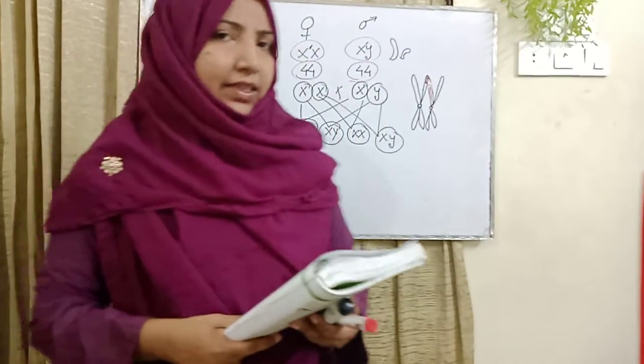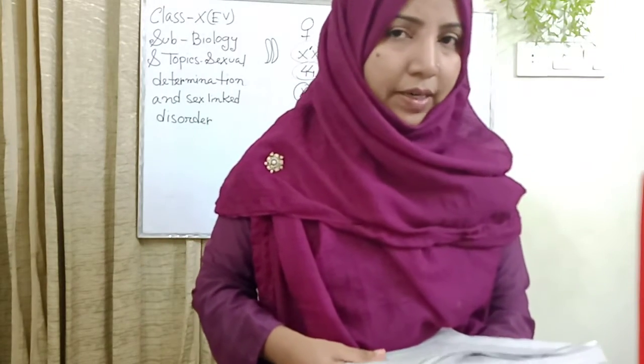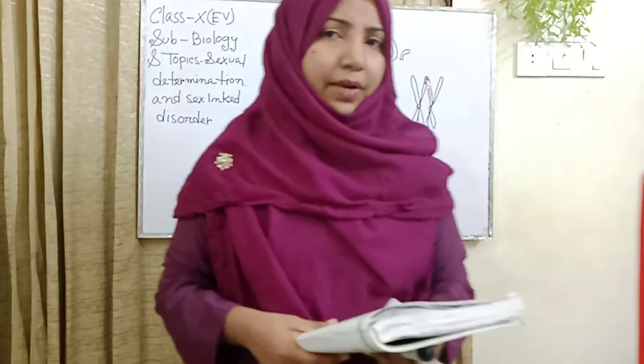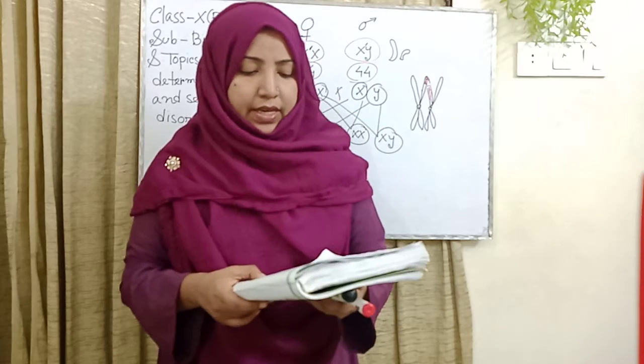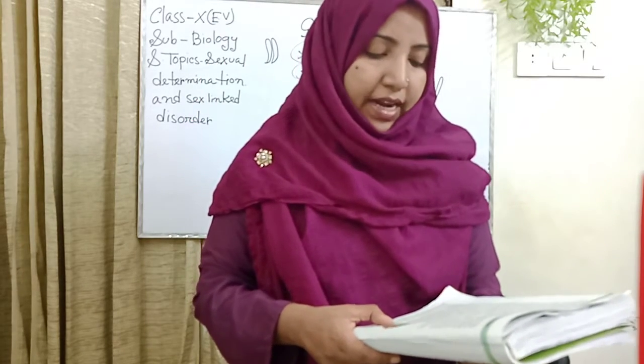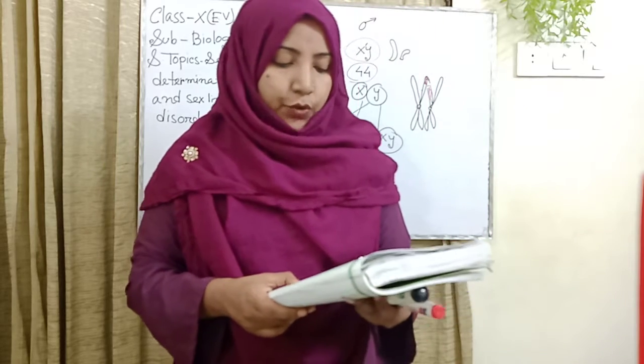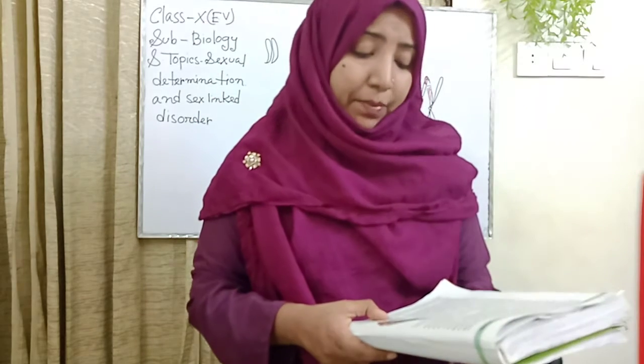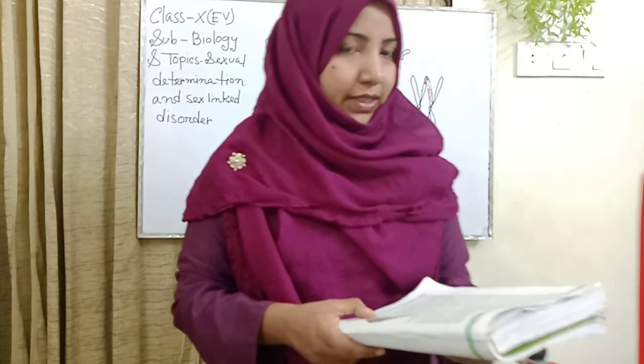Now, colorblindness. Here's an example of a sex-linked disorder. Color blindness is a condition when someone cannot properly identify colors. To identify colors, we have pigments in our optical nerve cells.